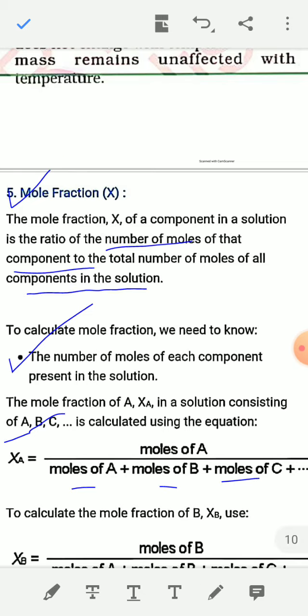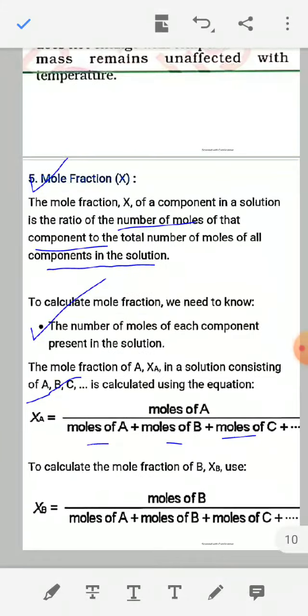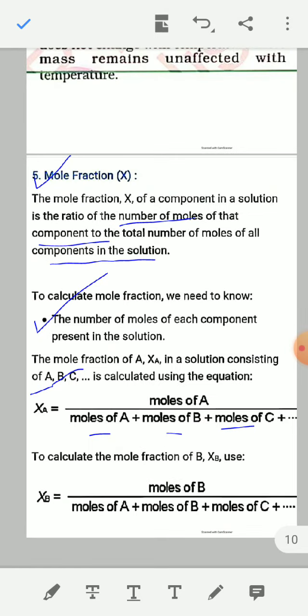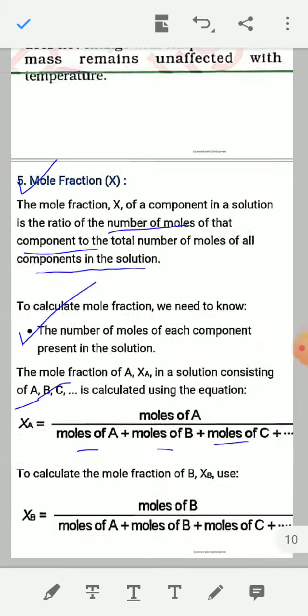Or you can also write Xa is equal to Na by Na plus Nb plus Nc. Similarly, for component B, Xb is equal to moles of B, that is Nb, divided by the total number of moles in the solution, that is Na plus Nb plus Nc.